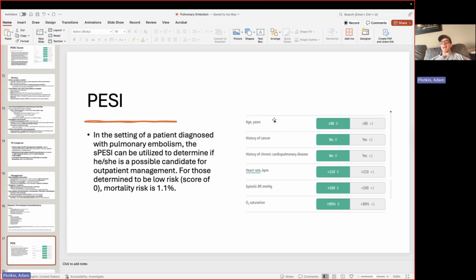So we look at the age, are they 80 or below or above? History of cancer, history of chronic cardiopulmonary disease. What's their heart rate? 110 is the cutoff. What's their systolic blood pressure? 100 is the cutoff. And their O2 saturation, 90% is the cutoff. So if they have a score of 0, 1.1% risk of mortality, they'd be a good candidate for outpatient management.